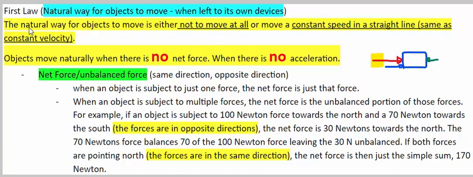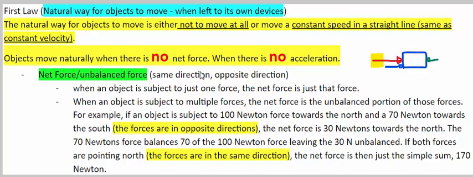That's the domain of Newton's first law of motion. The objects would move naturally. How do they move naturally? They either do not move at all or move at a constant speed in a straight line, which is the same as saying move at a constant velocity.